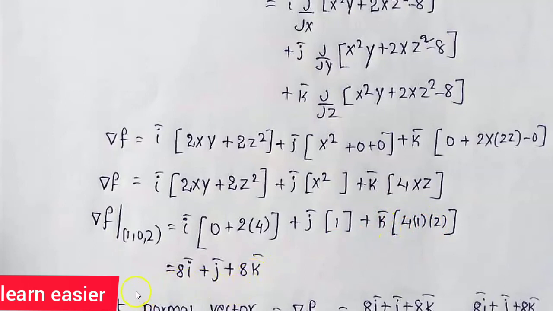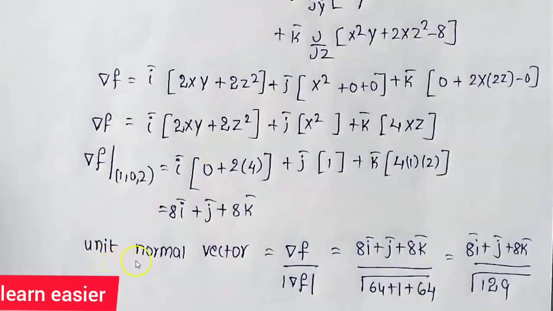So finally we get the normal vector at the point (1, 0, 2) as 8 i bar plus j bar plus 8 k bar, but we have to find the unit normal vector. So to find the unit normal vector, take the vector in the numerator and the modulus of the vector in the denominator. We have already found that the normal vector is del f. So for the unit normal vector, take del f by modulus of del f.